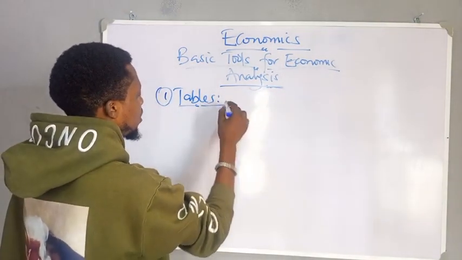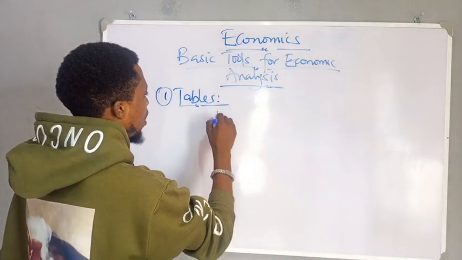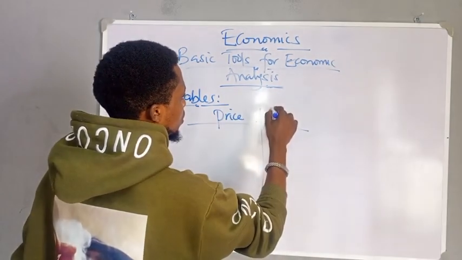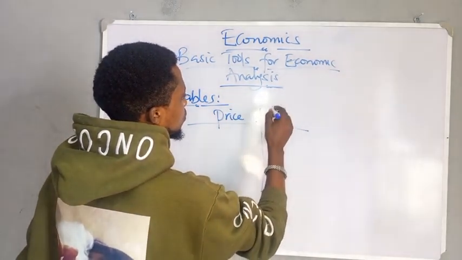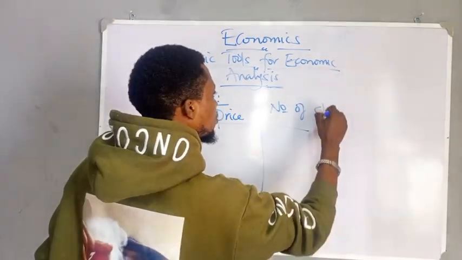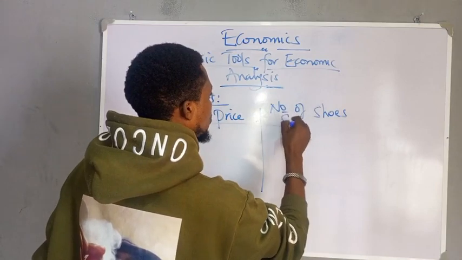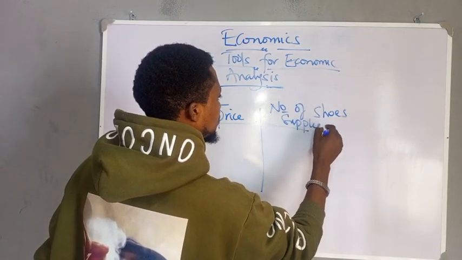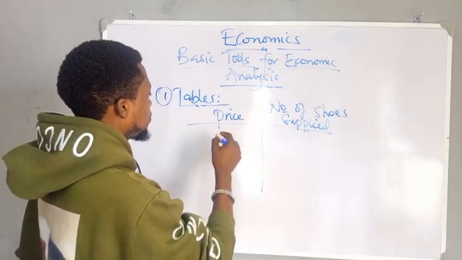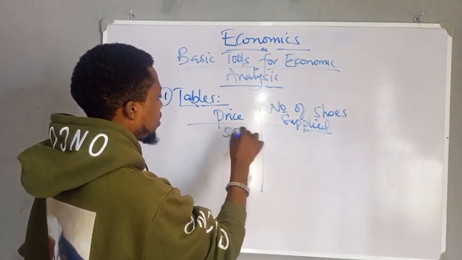Let's assume we have price, and we have number of shoes supplied. This is a typical example of what a table looks like. Let's say price, we have 500 naira here.